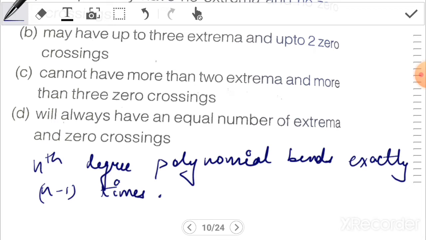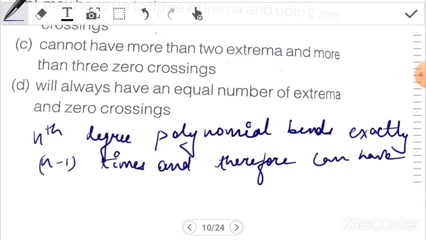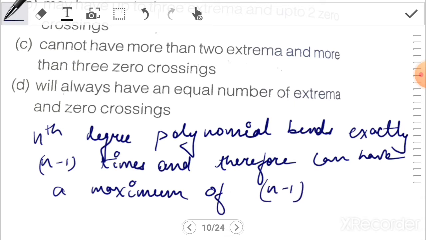Okay, and therefore can have a maximum of n minus 1 minima or extrema. Yes.